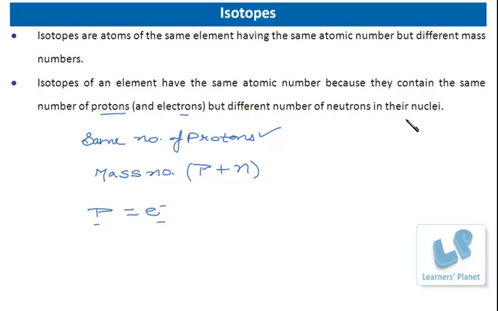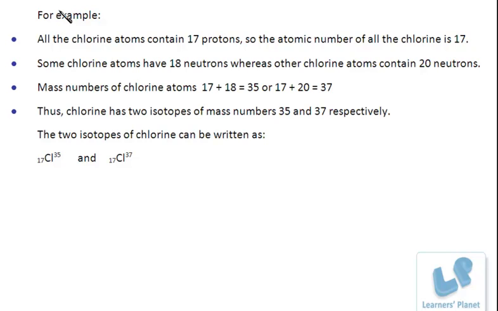Let's take a few examples. All the chlorine atoms contain 17 protons. So the atomic number of all the chlorine atoms is 17. Some chlorine atoms have 18 neutrons, whereas other chlorine atoms have 20 neutrons.